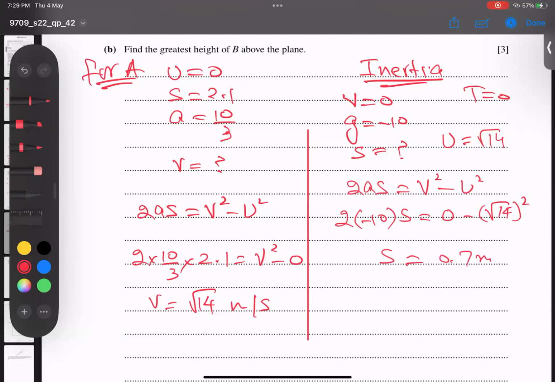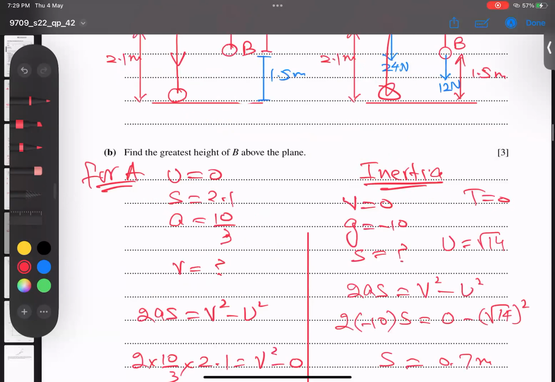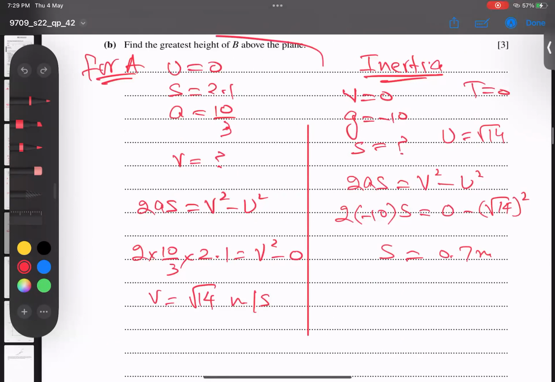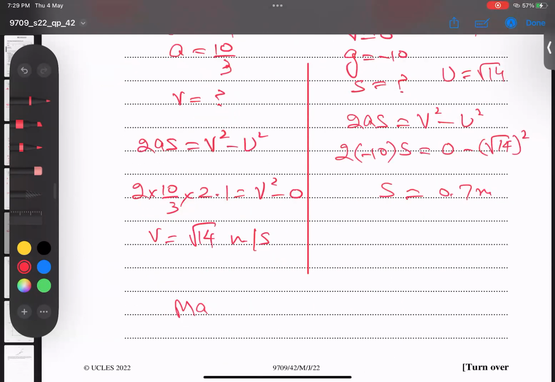It means at this moment, due to inertia, this is 0.7. This is 1.5 and this is 2.1. So the maximum height, he was asking greatest height or maximum height, so I'm finding the maximum height here: 1.5 plus 2.1 plus 0.7.